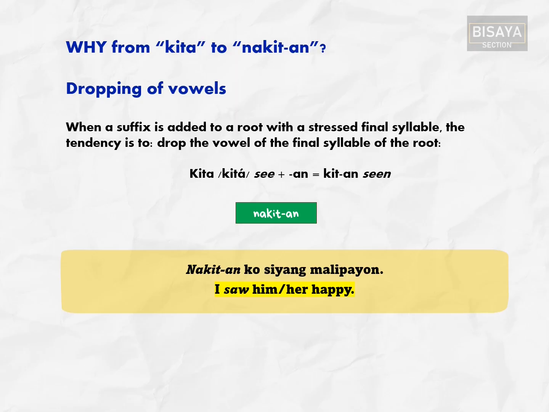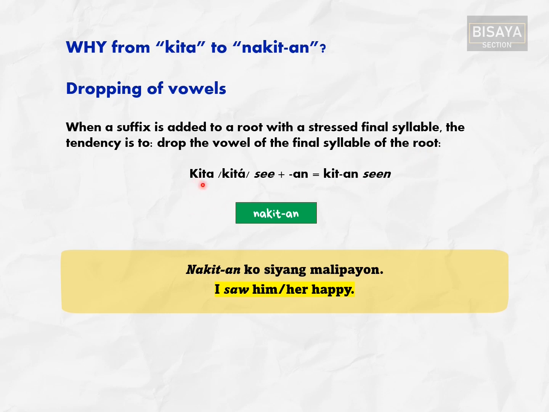We also have to delve on this for a bit. Why from kita to nakitaan? So there's a rule where the dropping of vowels is used. And when a suffix is added to a root with a stressed final syllable, the tendency is to drop the vowel of the final syllable of the root.